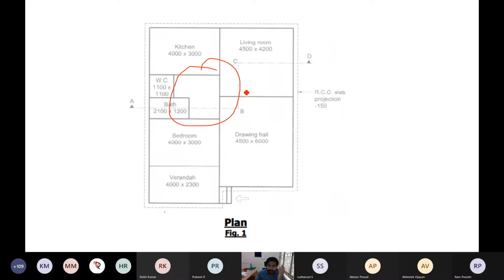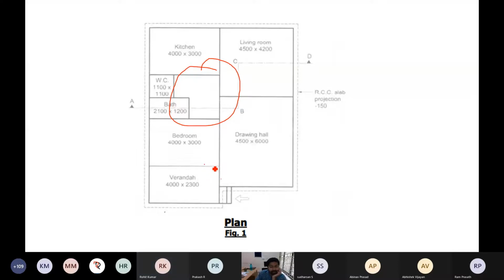Different people can use it differently. For example, I will tell you, here the entrance may be from here. Here the veranda is going there, so your bedroom is going. Where do you provide the door for the veranda? Here or here?